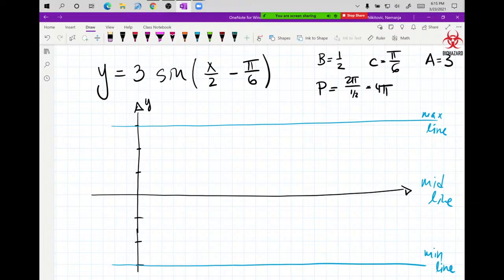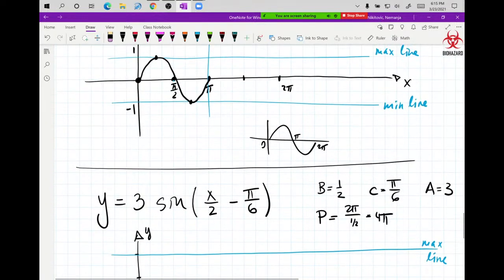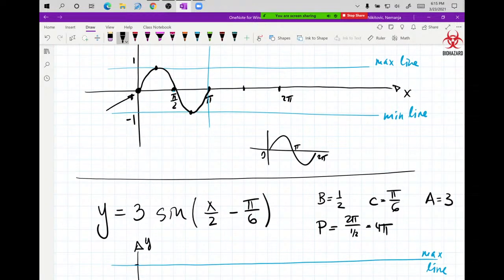So I'm now going to call this point over here start point. And I'm going to start calling this point here the end point. And the end point is going to be the start point plus the period.